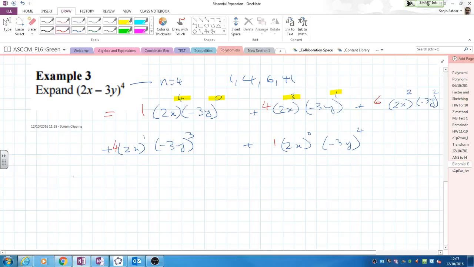If you were to tidy that up, you should get 16x to the power of 4 minus 96x cubed y plus 216 x squared y squared minus 216 x y cubed plus 81 y to the 4.